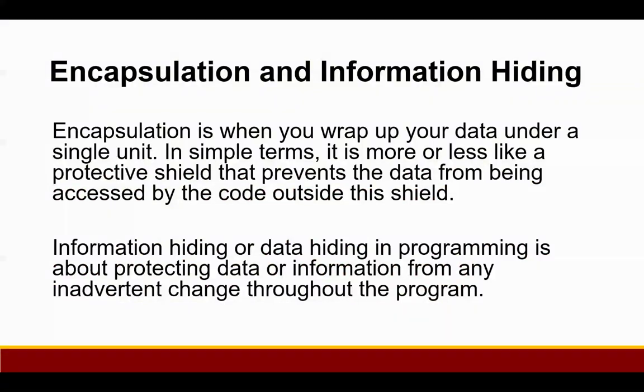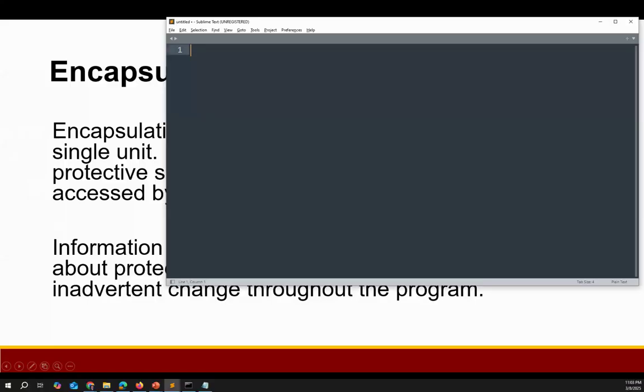Okay. So let's continue with our example on encapsulation in Java. Here we will be defining our class, which will be named student, but apparently we have a student earlier, so we'll just rename this as student one.